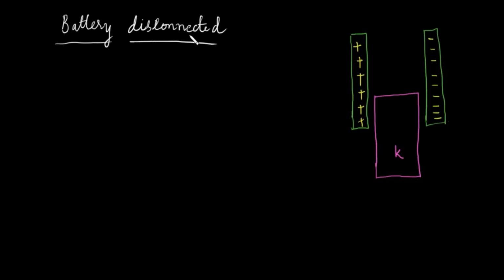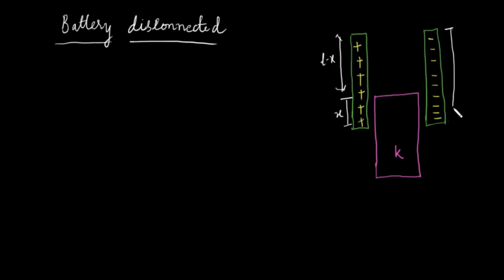When the battery is disconnected, this is a parallel plate capacitor. One plate is positively charged and the other is negatively charged, and we keep a dielectric like this. Let us take this distance as x, so the remaining distance will be L minus x.